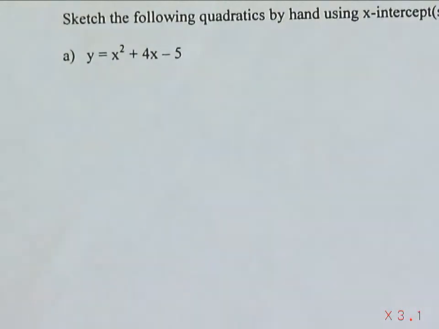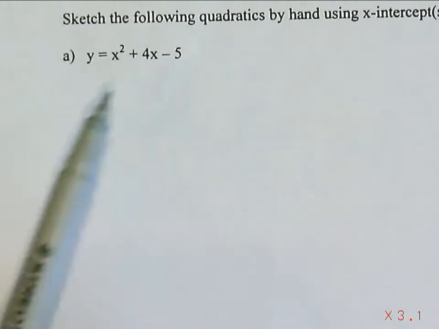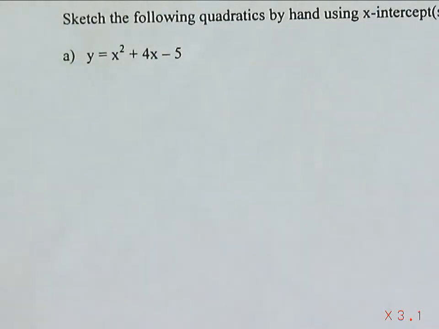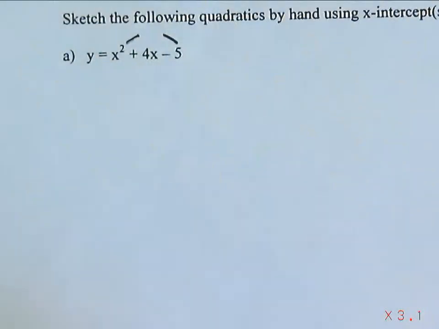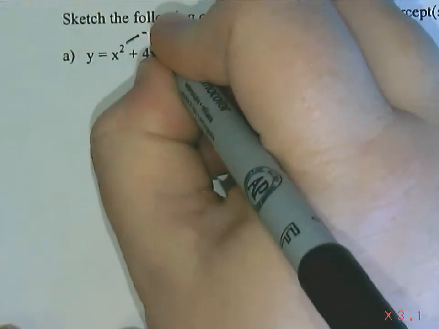So in order to sketch by intercepts, you need the x-intercept, the y-intercept, and the vertex. And to find the x-intercepts, you really need to have your quadratic in factored form. So the first thing we want to do is take our x squared plus 4x minus 5 and factor it. We're going to start by multiplying 1 and negative 5 to get negative 5.